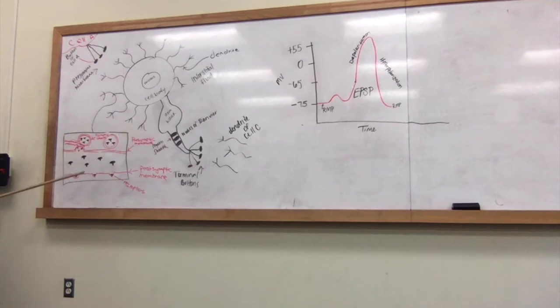Most times the receptor is closed because there is no neurotransmitter bound to it. In this case, the neurotransmitter molecule binding to the receptor opens it. This particular receptor is permeable to sodium.